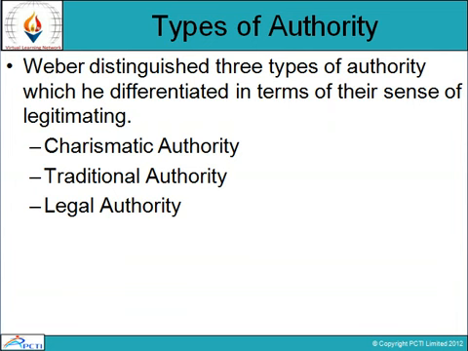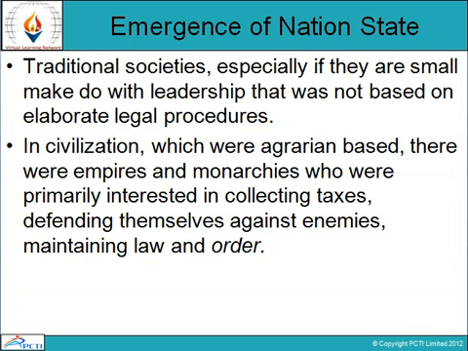As we discussed, these types of authorities: charismatic, traditional, and legal authorities. And then it comes to the emergence of nation states. Traditional societies, especially if they are small, make do with leadership that was not based on elaborate legal procedures.